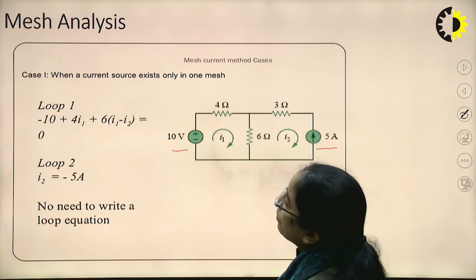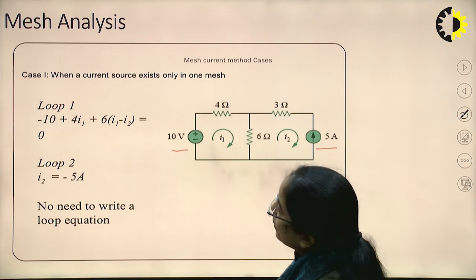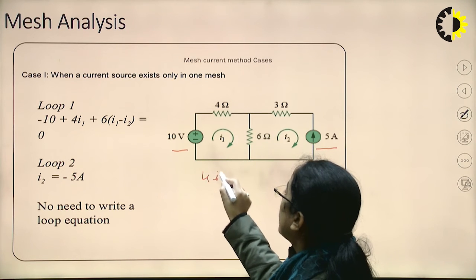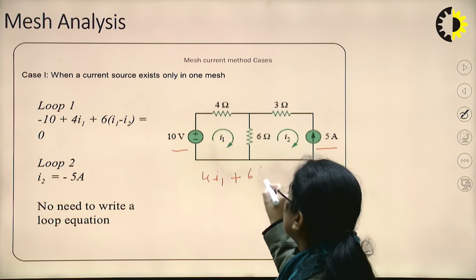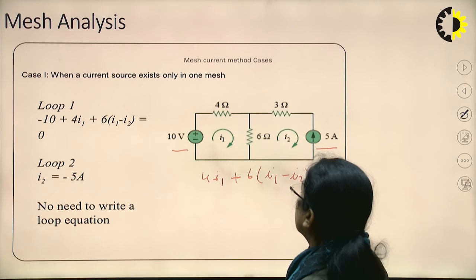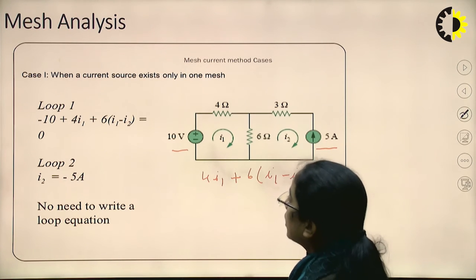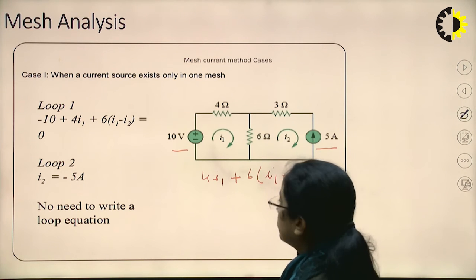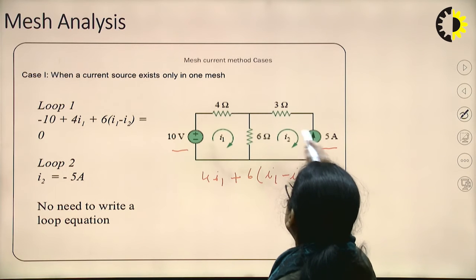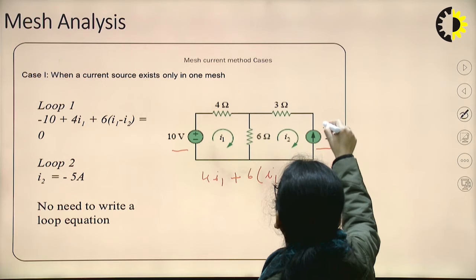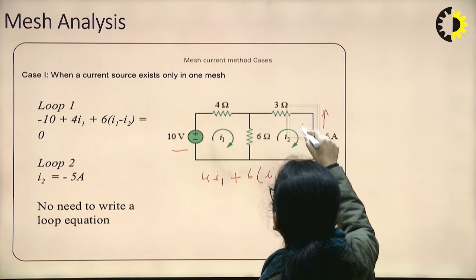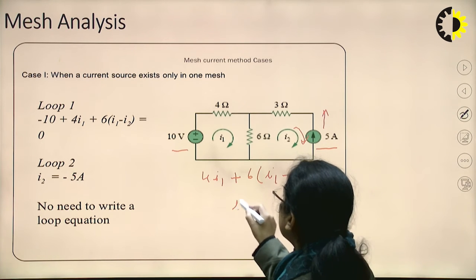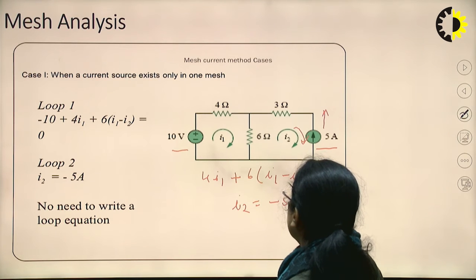Okay, so here if we write the equation in the first mesh, 4 I1 plus 6 (I1 minus I2) equal to 10. And in the second loop, how will we write it? Here we can see that a 5 ampere current source is there and I2 is flowing in this direction, so just by seeing this we can say I2 is minus 5.